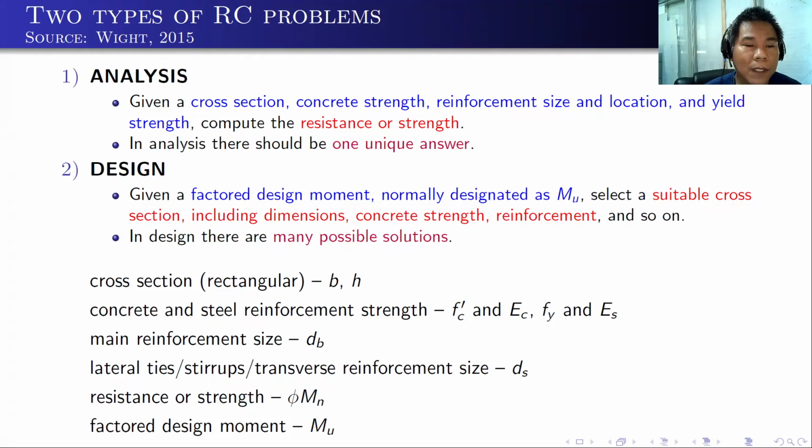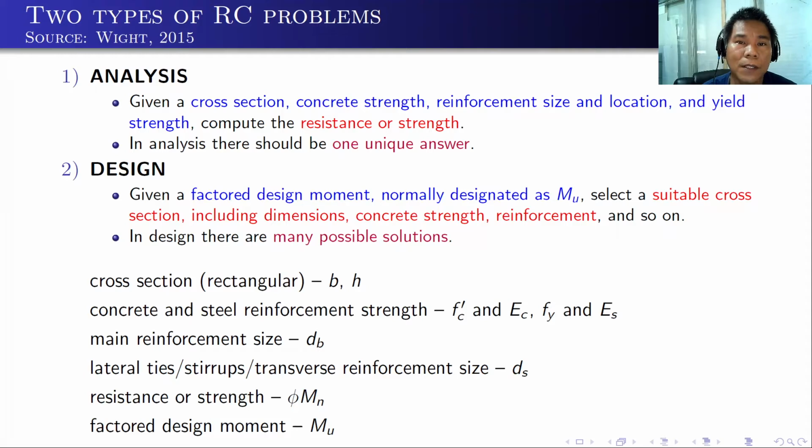Unlike design, usually the given is the factored design moment, normally designated as M sub u. Select a suitable cross-section including the dimensions, concrete strength, reinforcement, and so on. With these given values, there are a lot of values or a range of values. Hence, the result of design is that there are many possible solutions.